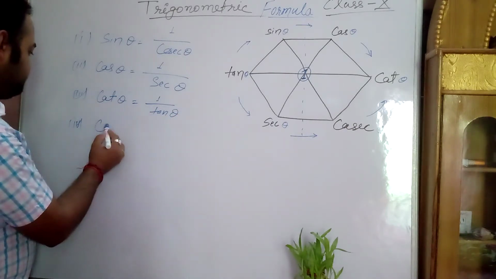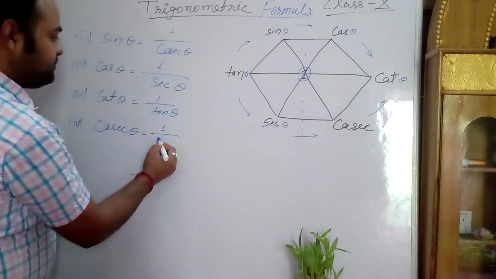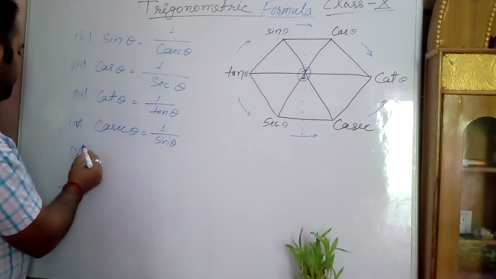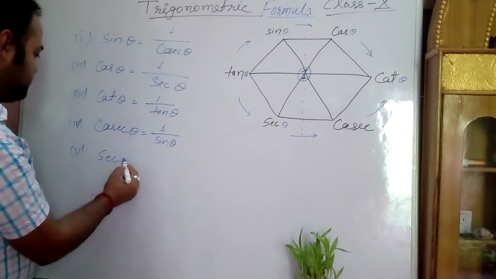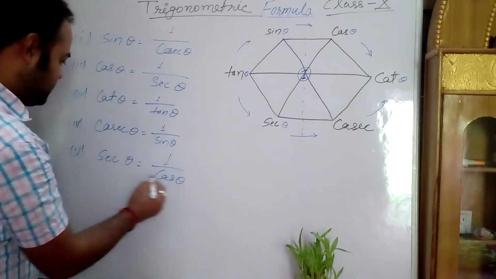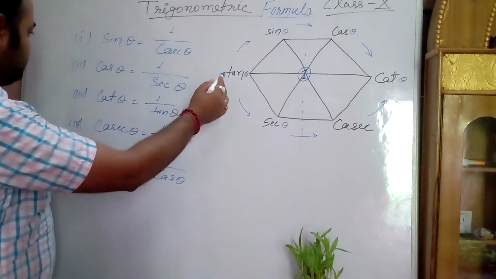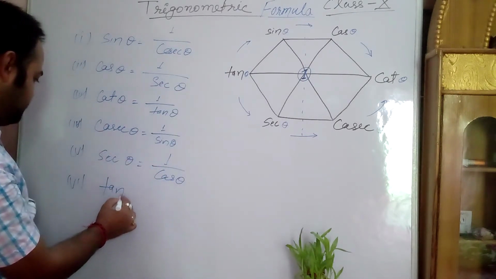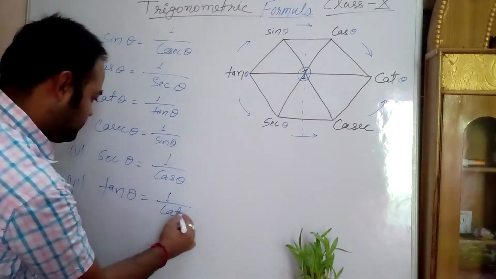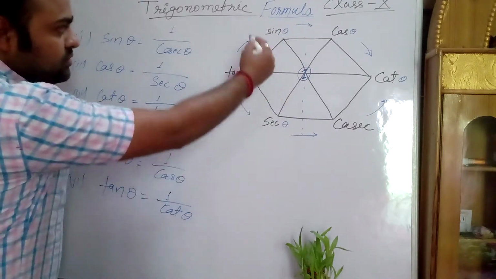Fourth, cosec theta is equal to 1 by sin theta. Fifth, sec theta is equal to 1 by cos theta. Sixth, tan theta is equal to 1 by cot theta.